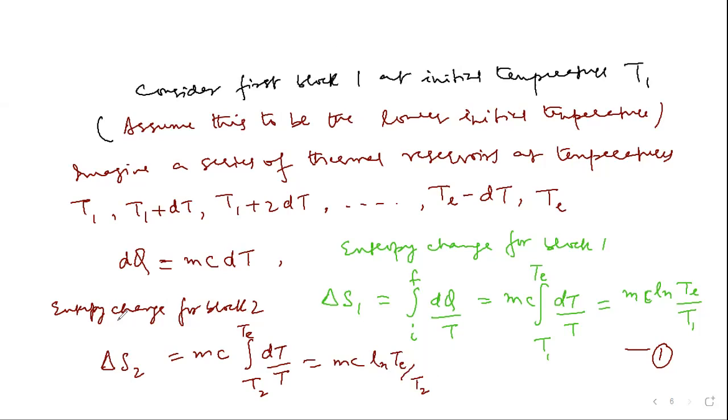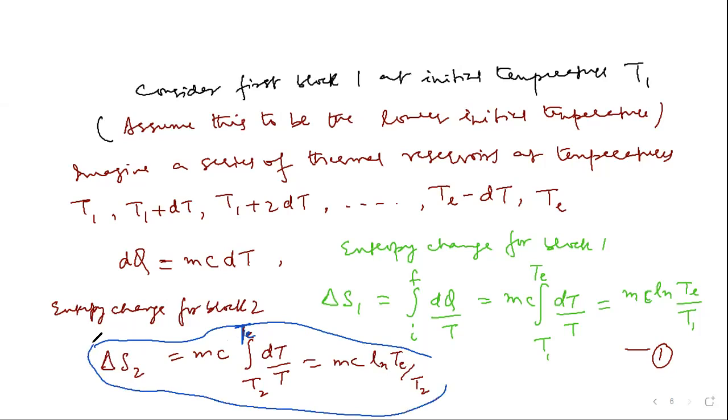I name it equation 2. This is the entropy change of block 2, and equation 1 gives the entropy change of block 1.